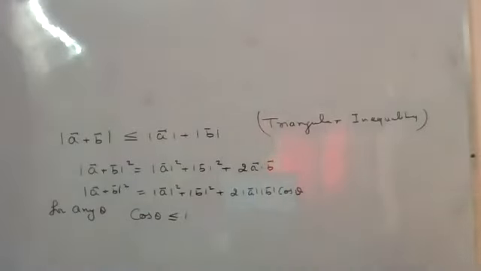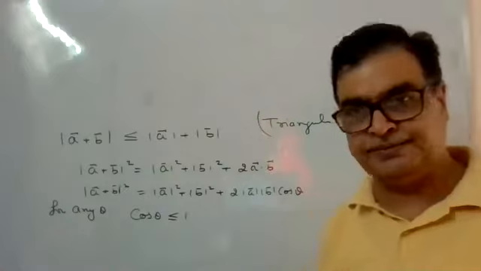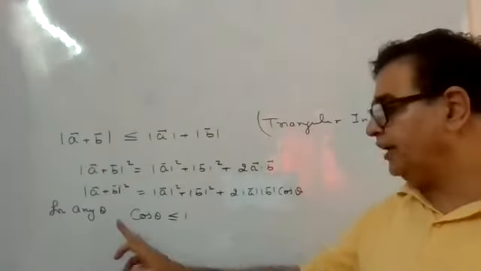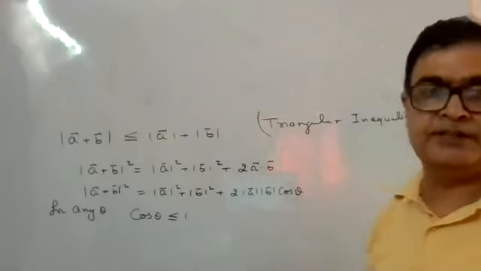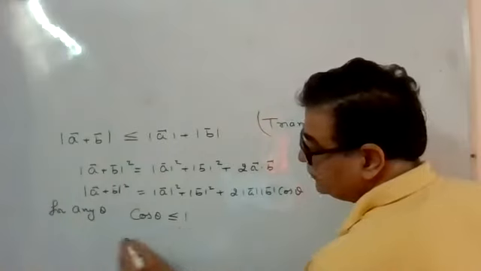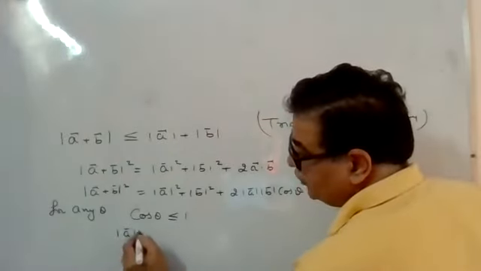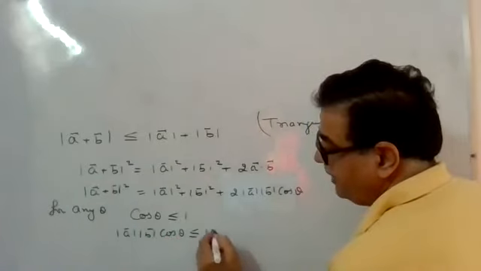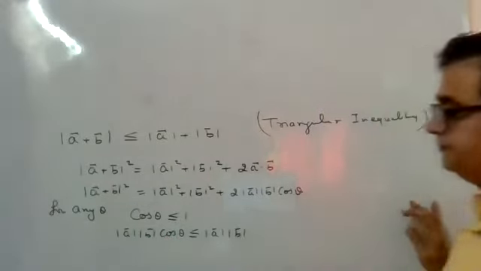Cos theta is never greater than 1. We know it. For any theta, whatever angle you take, cos theta always comes out to be less than or equal to 1. Then I can say if this is holding, that means magnitude A magnitude B cos theta is always less than or equal to magnitude A magnitude B.